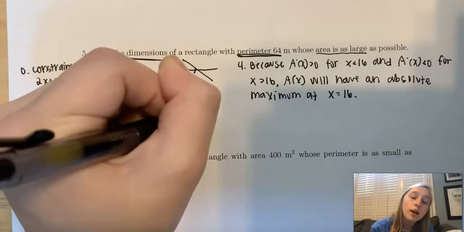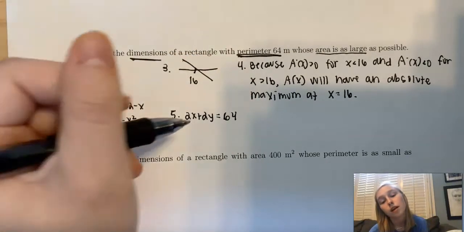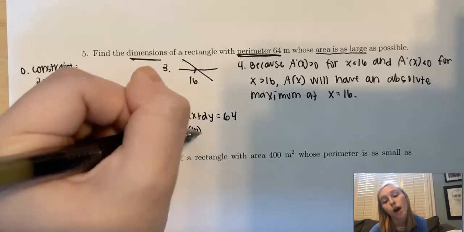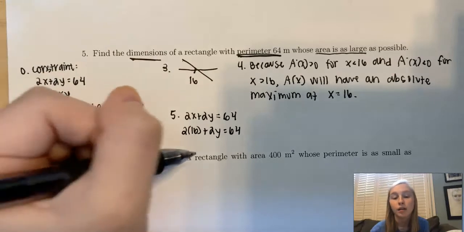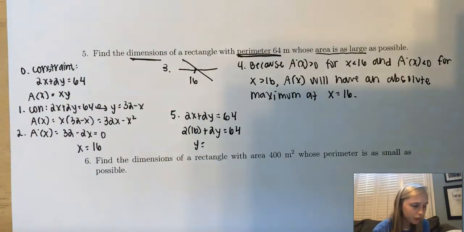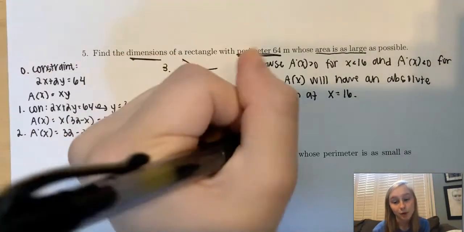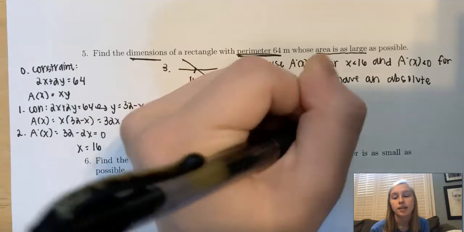So you know that 2x plus 2y equals 64, and you know x now, so 2 times 16 plus 2y equals 64. Some algebra or hopefully calculator, and you will find that y equals 16 as well. So the dimensions of this rectangle, actually a square, are 16 by 16.